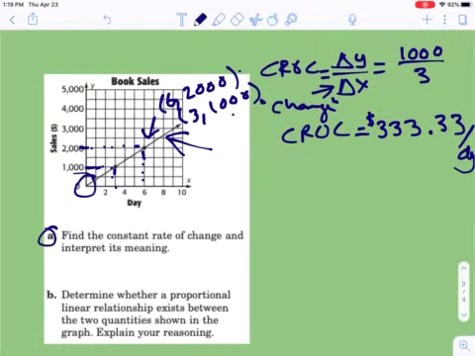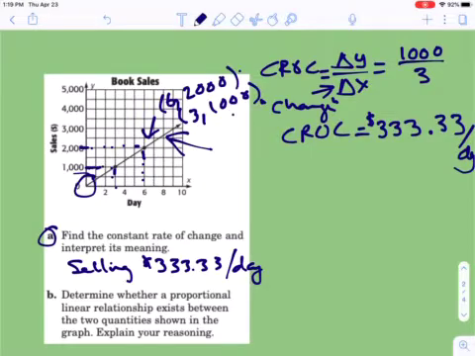This is kind of a weird example, but that's what it means.